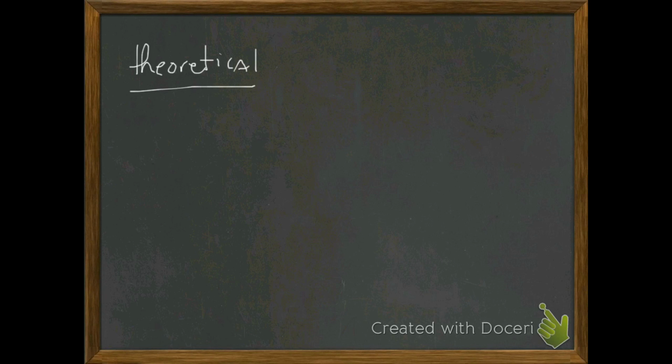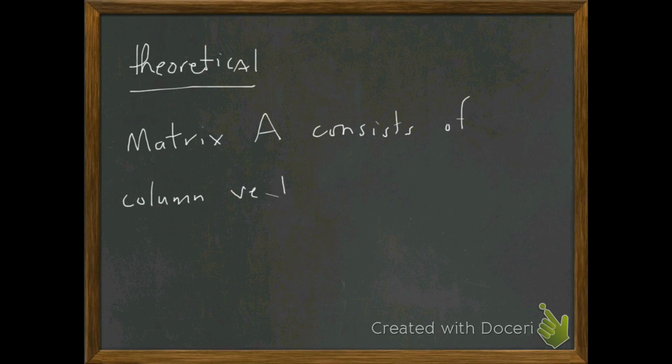So let's say that we have a matrix A which consists of column vectors C1, C2, C3, up to Cn.